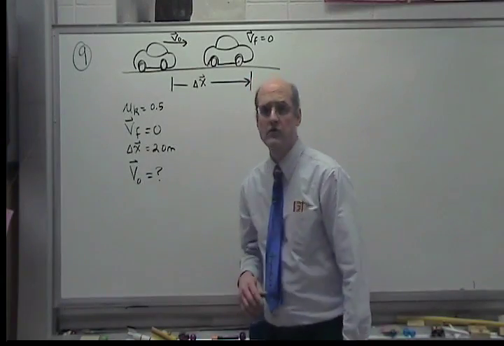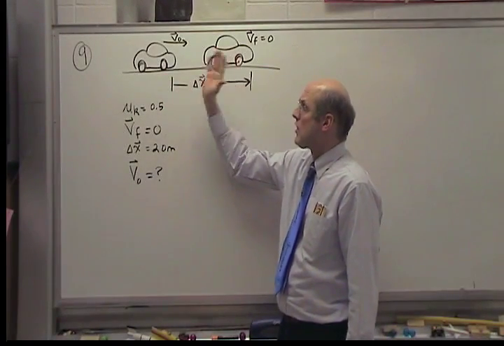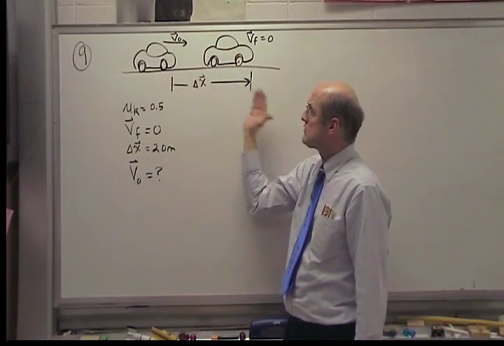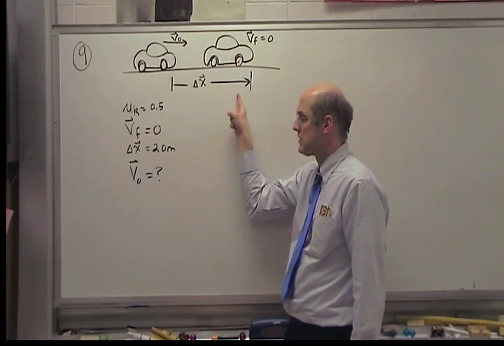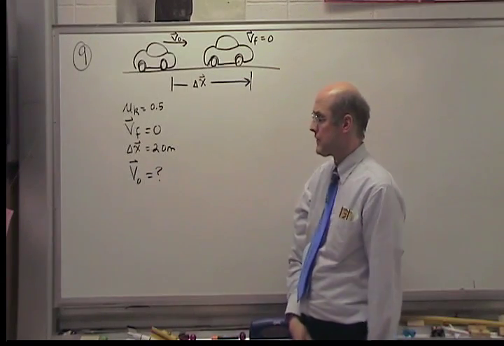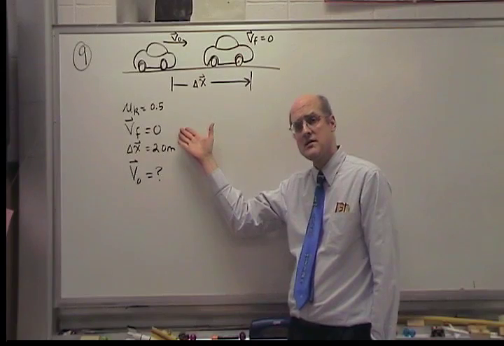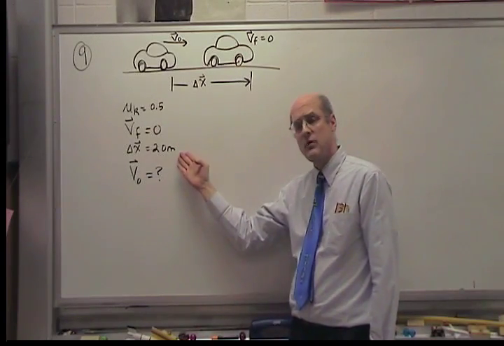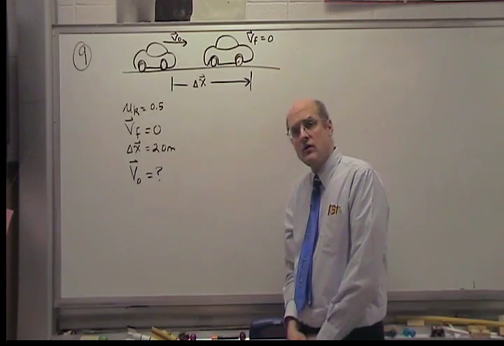This problem involves a car driving along at an unknown velocity. The car brakes and skids to a stop after traveling through a displacement of 20 meters. We're asked to find the original velocity. Now, we know the coefficient of kinetic friction, we know the final velocity is 0, we know the displacement is 20 meters. So I need an equation involving V0.